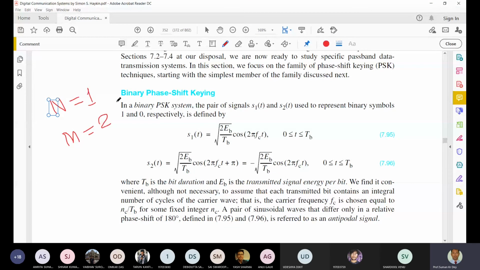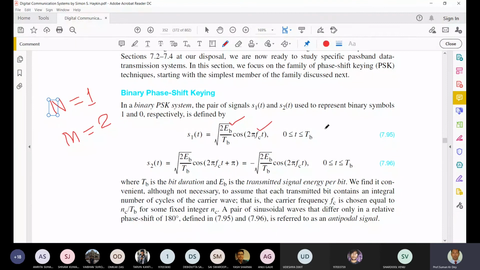Now we have a pair of signals S1(t) and S2(t). S1(t) is represented by the square root of 2EB by TB times cos(2 pi FC t), where EB is the transmitted signal energy per bit, TB is the bit duration, and FC is the carrier frequency.